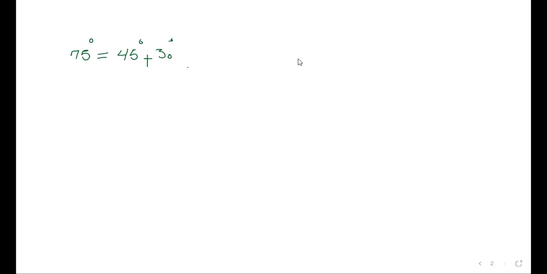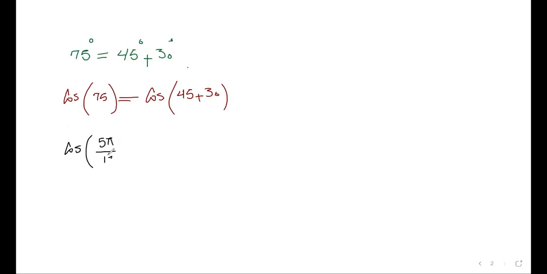As a result, I can say that the cosine of 75 equals the cosine of 45 plus 30, or you can say that the cosine of 5 pi over 12 equals the cosine of pi over 4 plus pi over 6 radians.